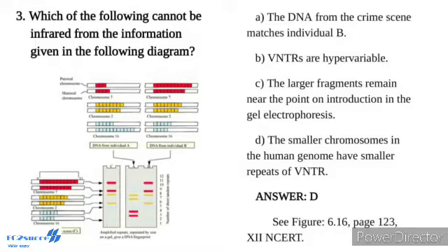So the correct answer is option D. D is the smaller chromosomes in the human genome have smaller repeats of VNTR.